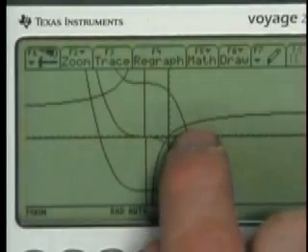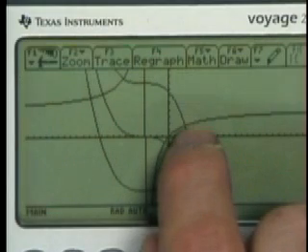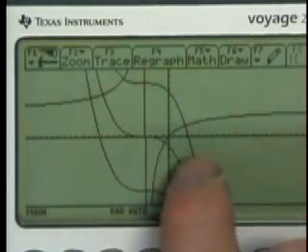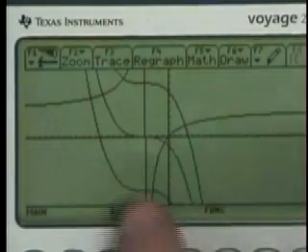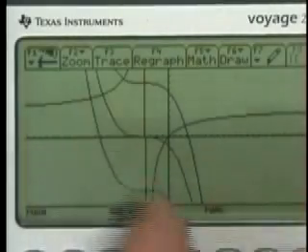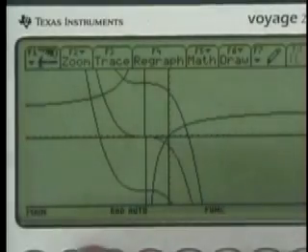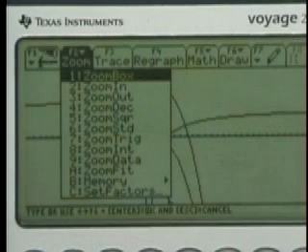So if you look right at that point where these two cross, they're perpendicular, if I zoomed in close enough. And if I zoom in close enough to any of these values, let me see, zoom.